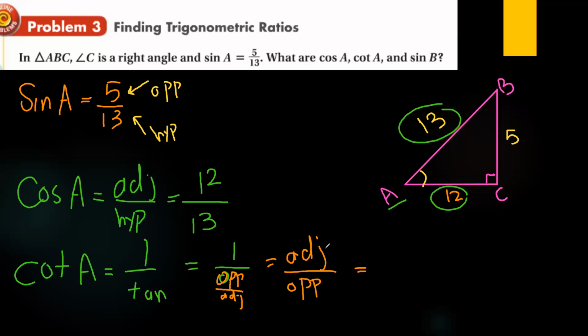So where is angle A? Which side is the adjacent side? It's 12. And which side is the opposite side? It's 5. So the cotan of A here will be 12/5.